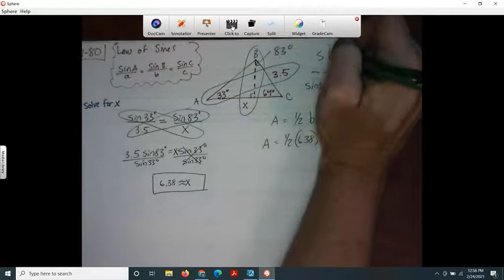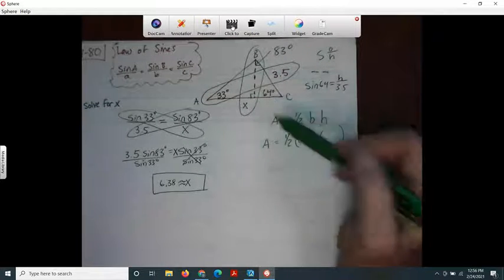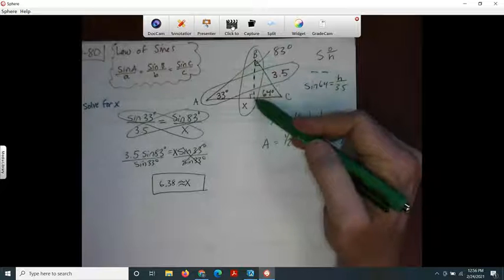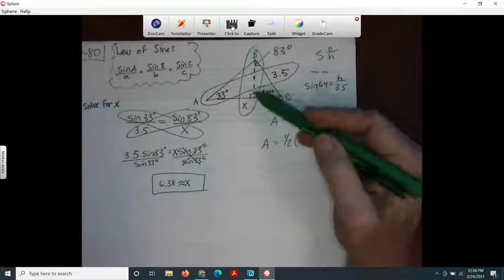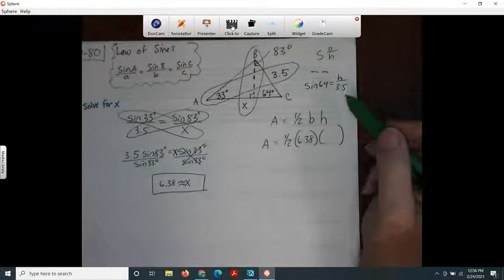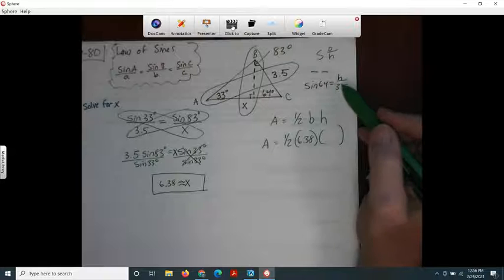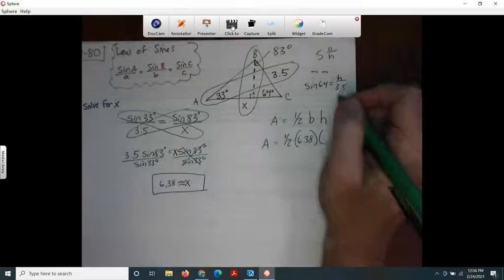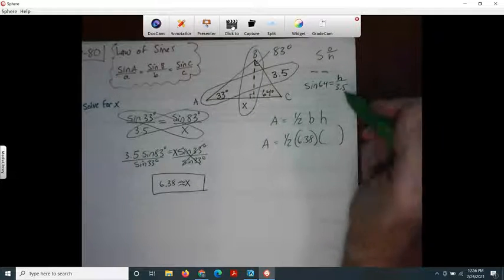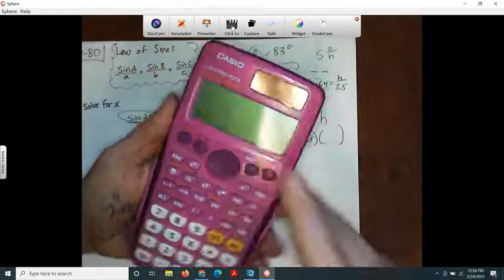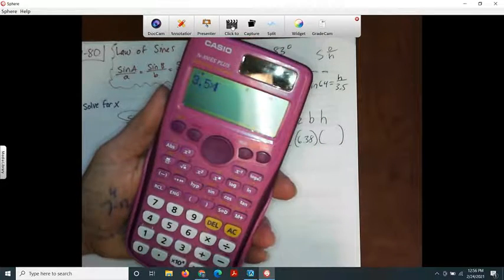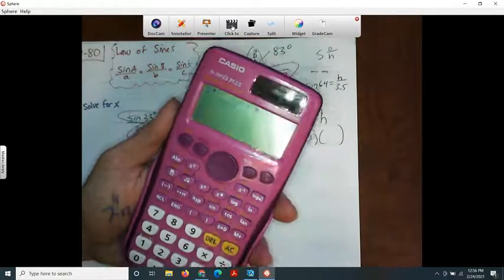You know, it's an altitude. And then if I want to solve for h, I can multiply both sides by 3.5. And so that gives me 3.5 times sine of 64. And that gives me 3.14. See, I thought that was the answer, but then I remembered that I have to put it in this formula.